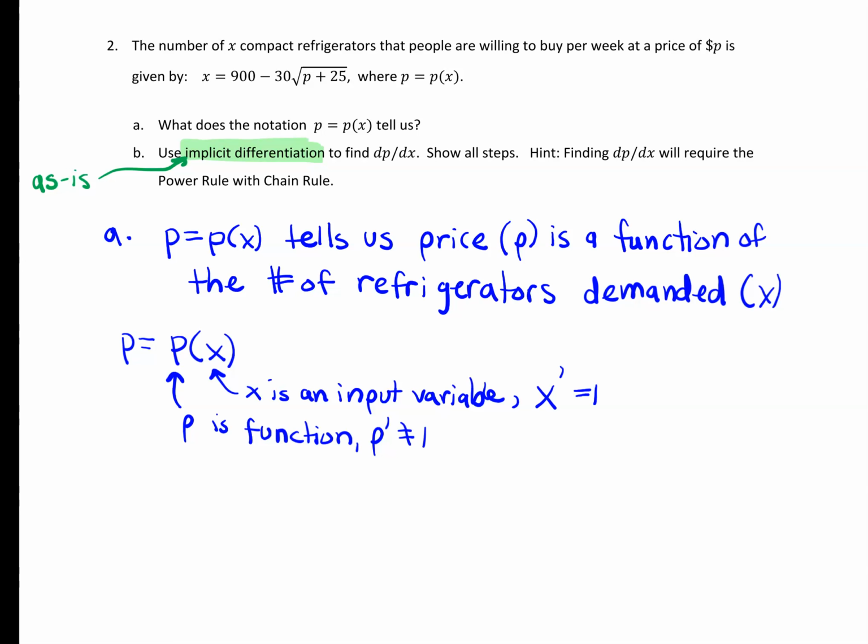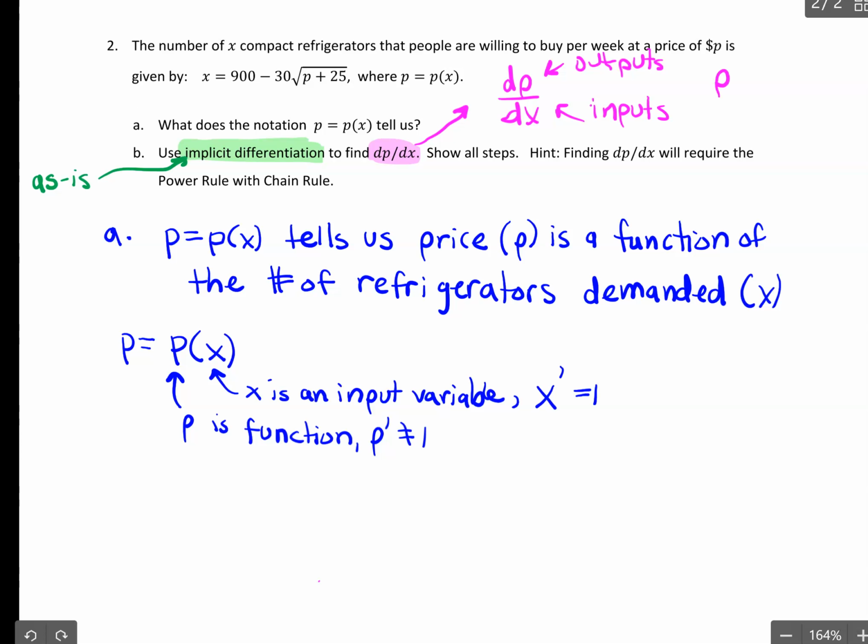Now, what does this dp dx notation mean here? What is this telling us? Remember, a derivative is a rate of change. It's the change in the outputs over the change in the inputs.